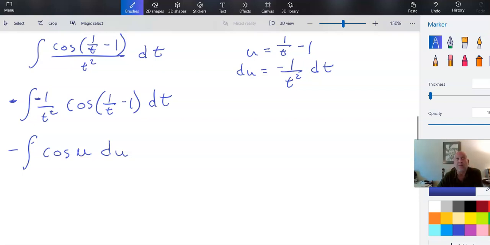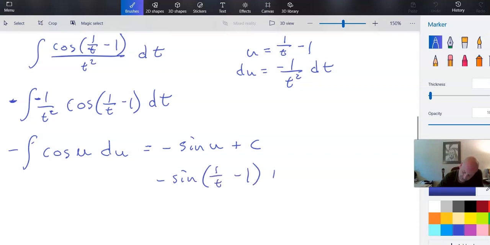So let's see, we know that the integral of cosine is sine. So this is going to be negative sine u plus a constant. And we know what u is, so this is now negative sine of 1 over t minus 1 plus a constant.